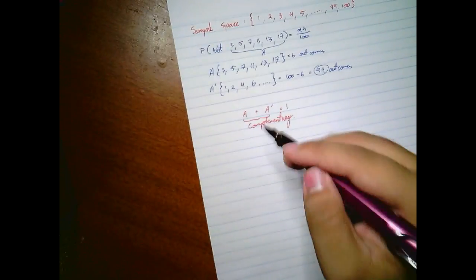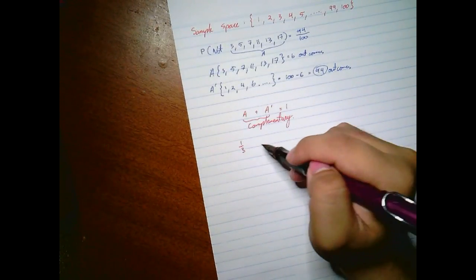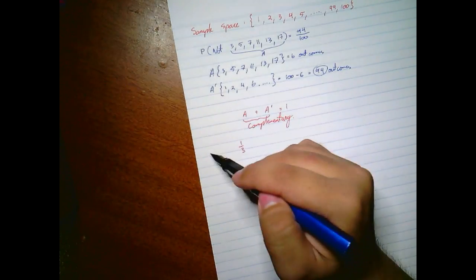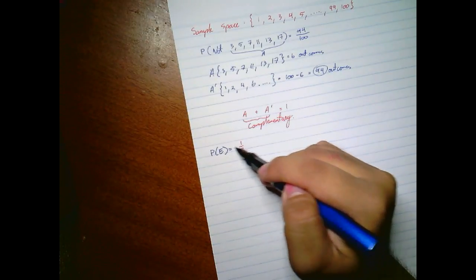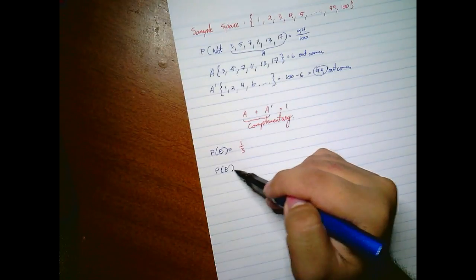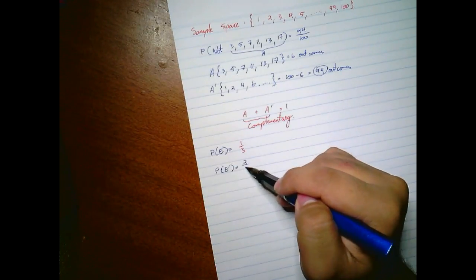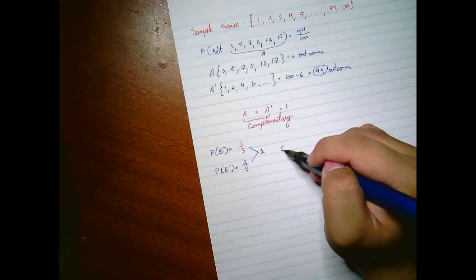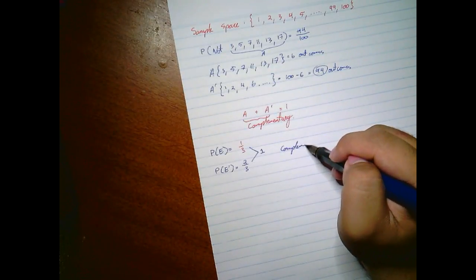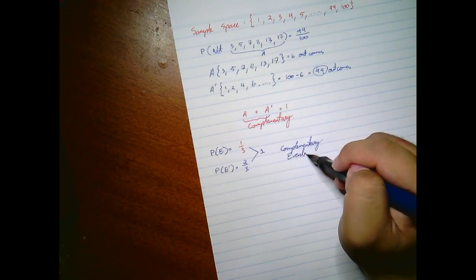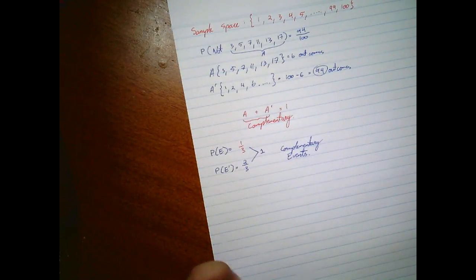For example, if I have a probability of E equal to 1 over 3, the probability of not E is 2 over 3, and since these two add up to 1, these are called complementary events. That concludes the video.